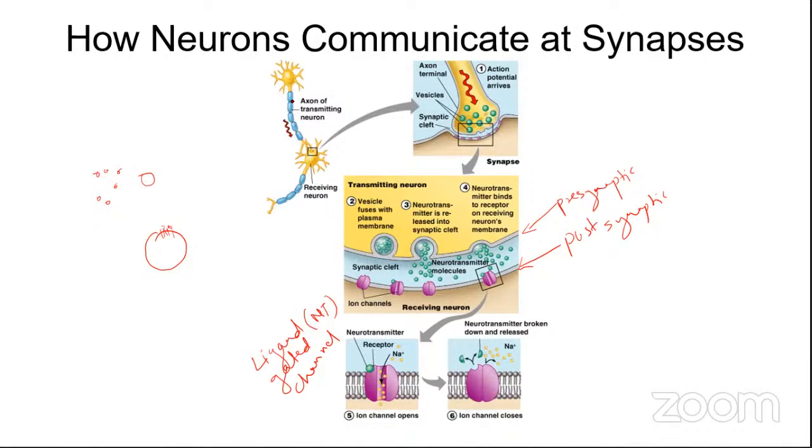Yes. The action potential of the first neuron has arrived at the axonal terminus, or at the synapse, and that is opening ligand gated sodium ion channels in the postsynaptic membrane. So that will generate an action potential in the postsynaptic membrane as well.